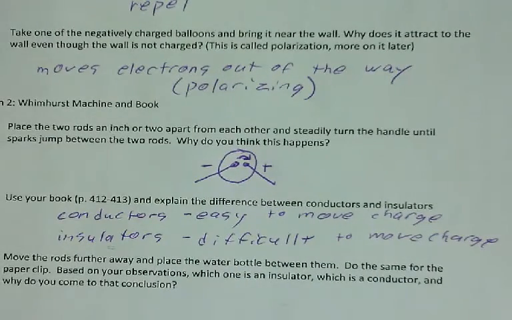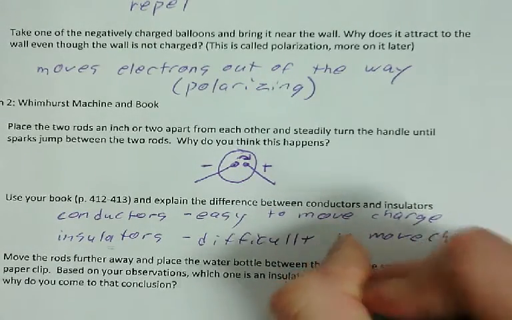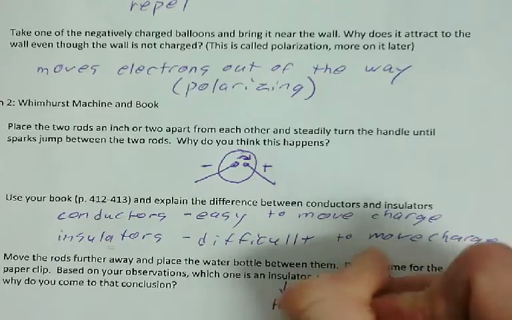All right. Move the rods further apart. You put the tape in between. You put the paper clip in between. Carson part 2, the return of Carson. Which one was the insulator? Which one was the conductor? Yep.